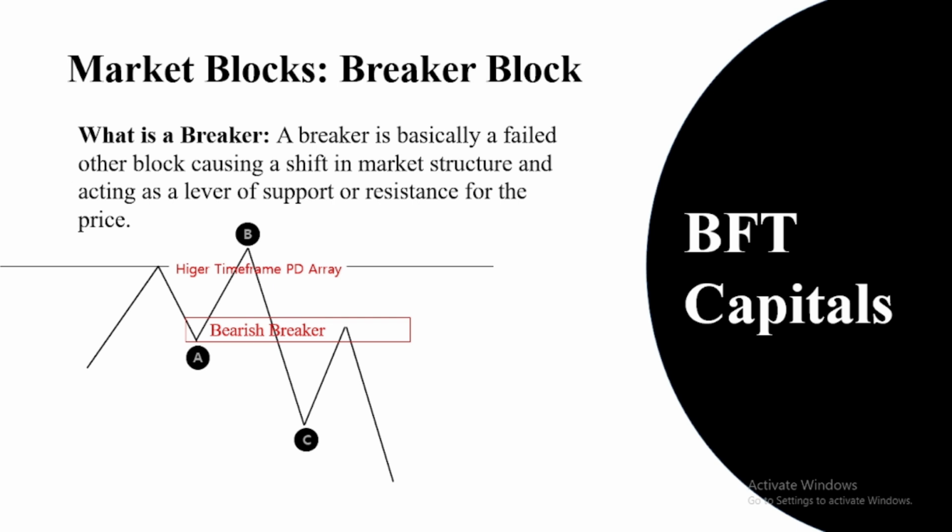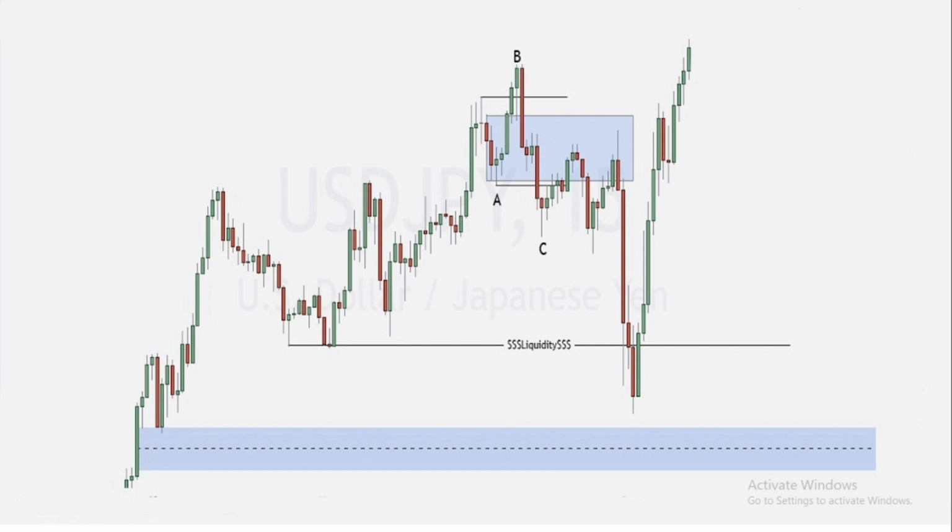So let's go into a real chart and then I'll explain it to you so that you understand further. So this is USD JPY price, and as you can see here, price has been inclining bullish short term.